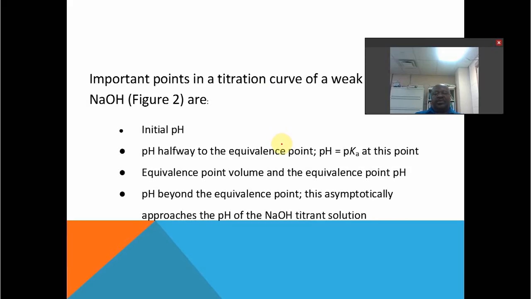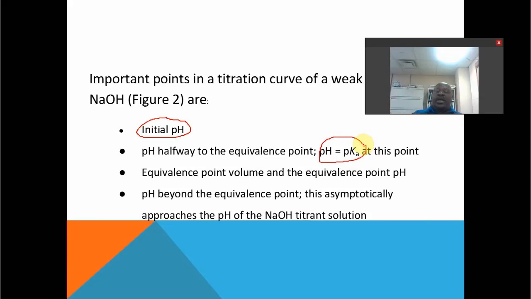All right, so in a titration curve, what are we looking for? Well, we look for important points: the initial pH, where we start, and we'll talk about why that's important in a bit here. The pH at halfway to the equivalence point, the volume corresponding to halfway to the equivalence point, is a point where pH is equal to pKa.